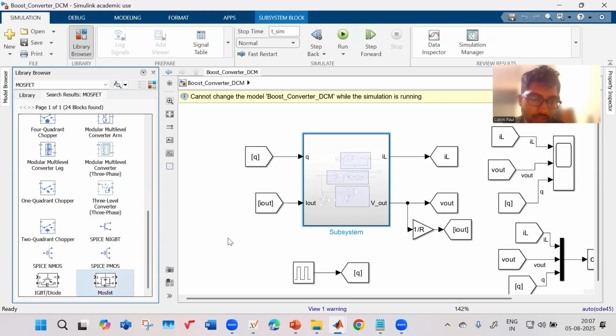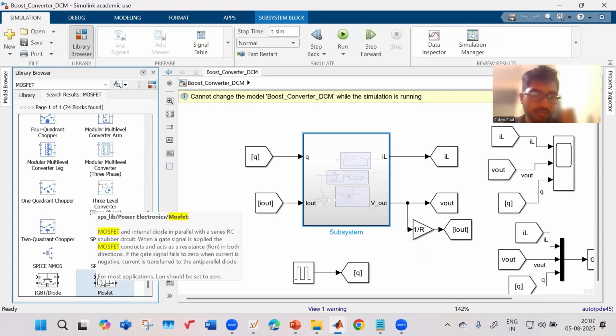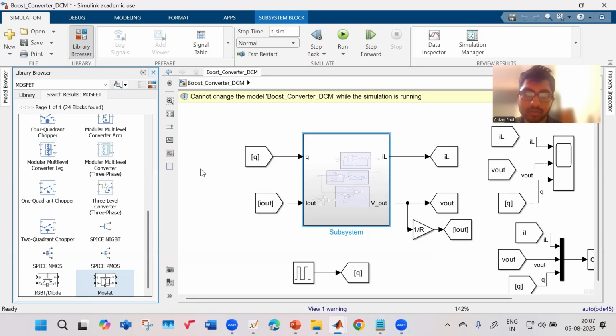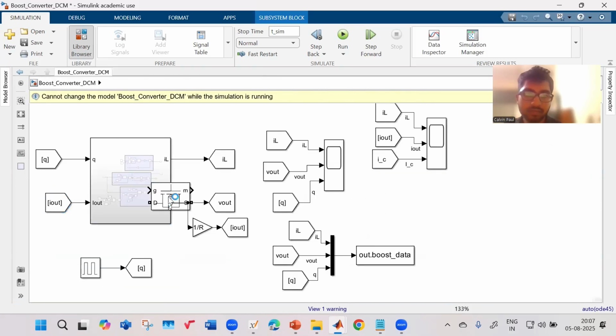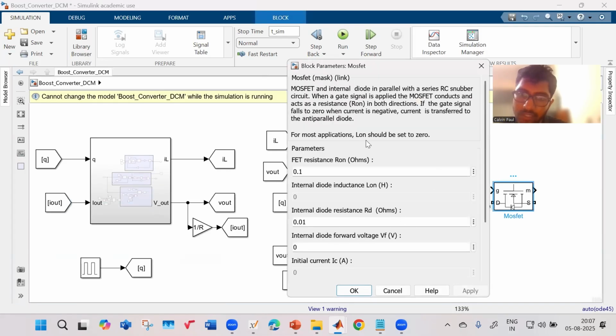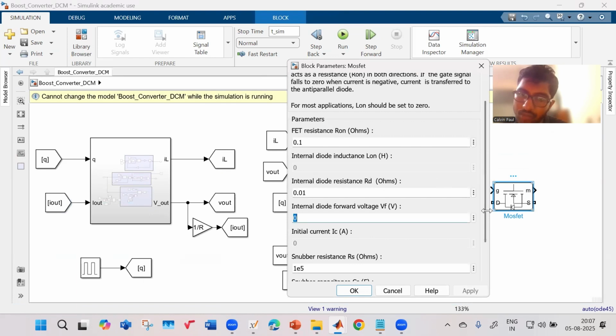MOSFET. Usually I use this one. So this is the MOSFET: drain, source, gate, etc. And here you can add the on resistance and diode forward voltage drop.